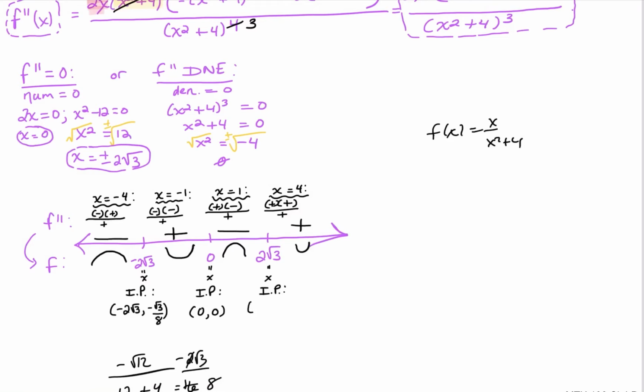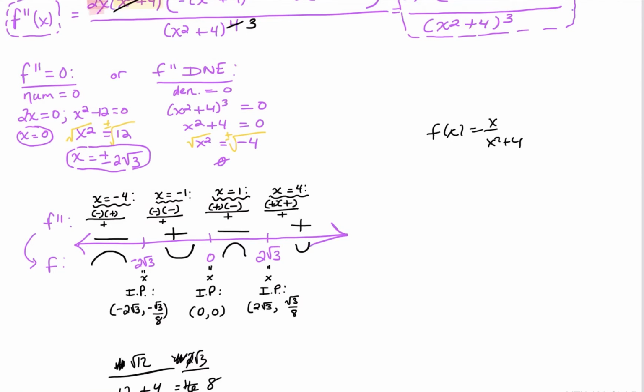And then the last inflection point, again, 2 square root of 3. If I sub that in, that's like root 12. It would have been positive root 12 this time. Root 12 squared would have still been 12. 12 plus 4 would have been 16. This just would have been positive. So all the same values but positive.